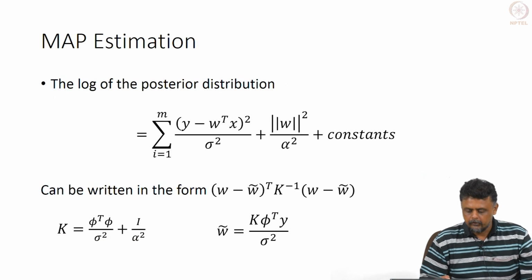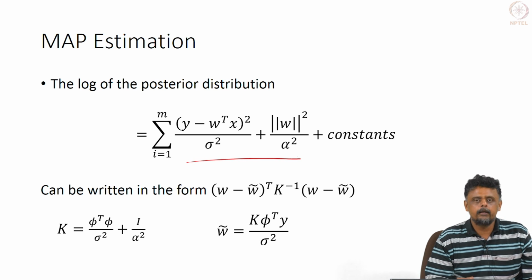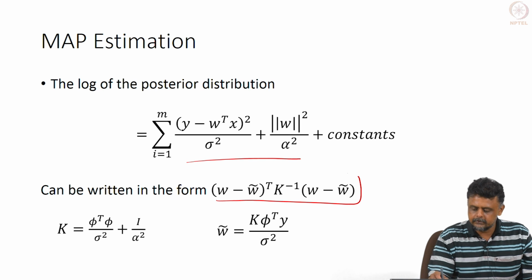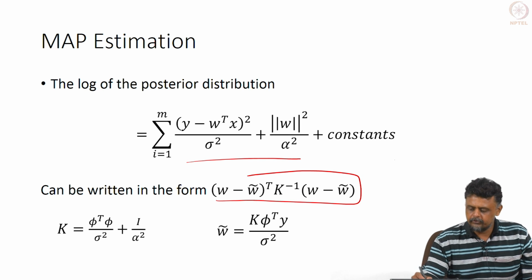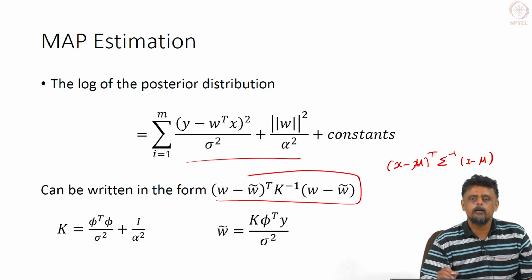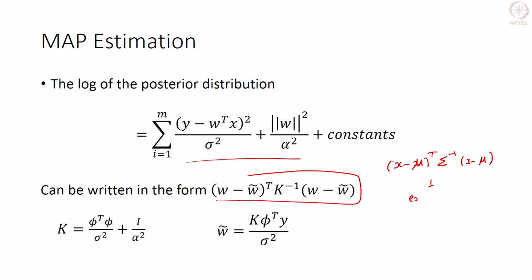However, if you look at this log probability, it can be rewritten in this form. If you recall, we have seen expressions of the type x minus mu transpose sigma inverse x minus mu. This is the exponent in a Gaussian.